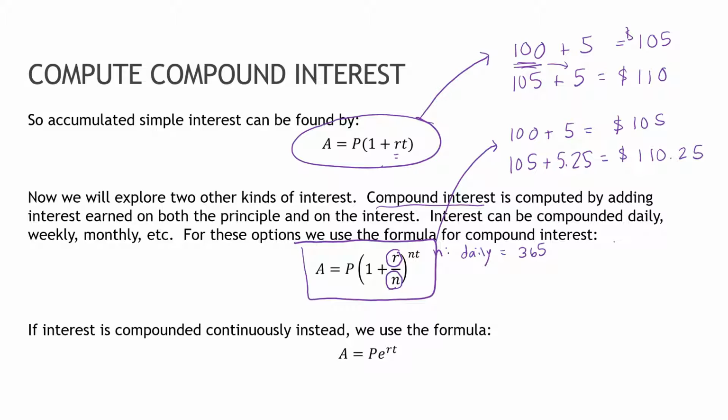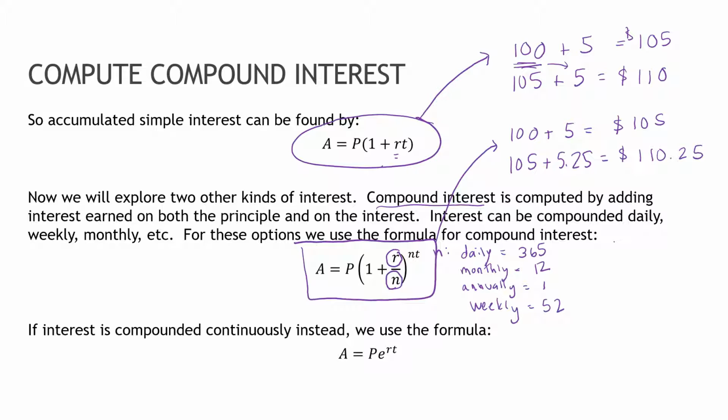If it's compounded monthly, there's 12 months in a year. If it's compounded annually, obviously that's once a year. Weekly would be 52 times a year.